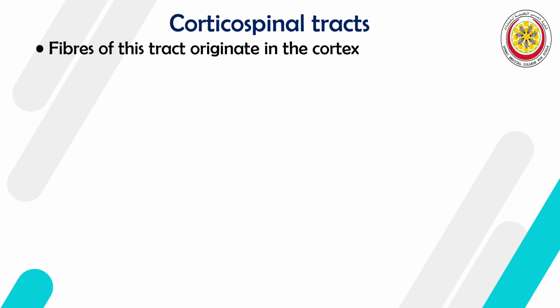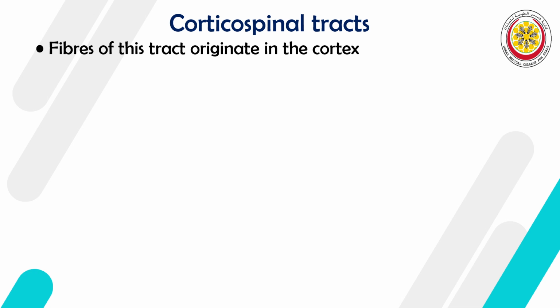Use your new cortical neurons. When do you call a tract a tract, and a pathway a pathway? A pathway has more than one tract, more than one neuron. And if it is one neuron, then it's a tract.